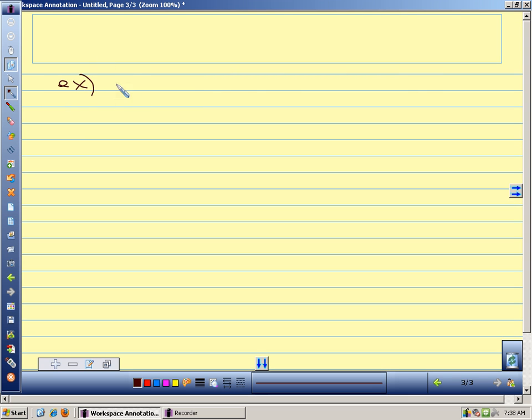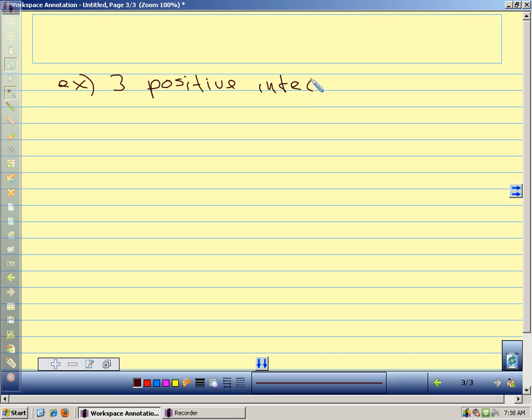We want 3 positive integers x, y, and z such that x plus y plus z equals 32, and x, y squared, z is maximized.